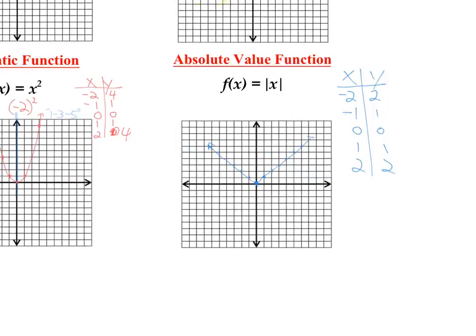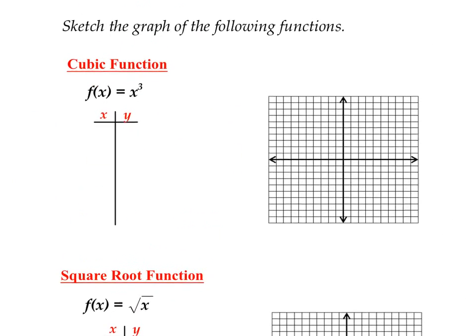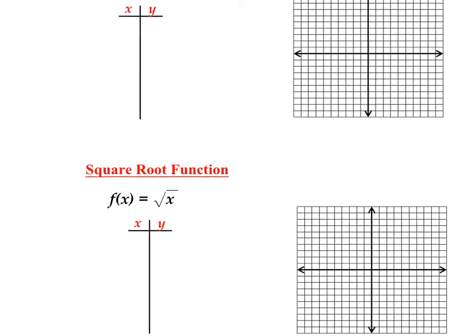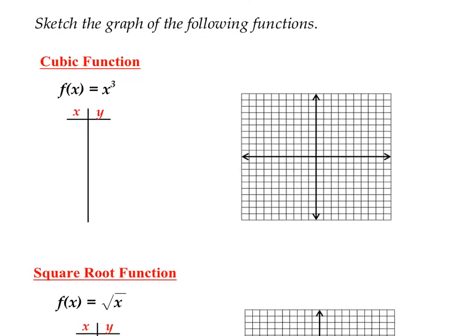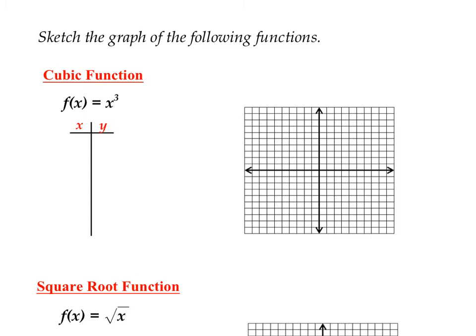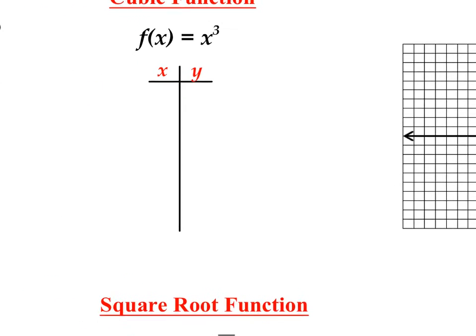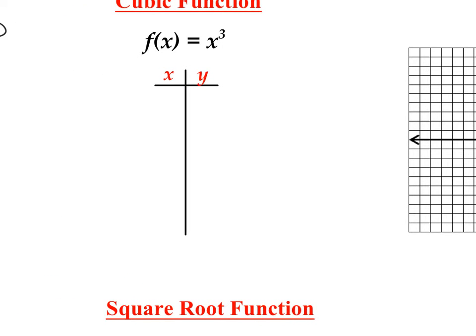All right, on to the last two: cubic and square root functions. A cubic function is when you're going to have your variable cubed, or raised to the third power. To see what this looks like, I'm going to use my standard easy x values, -2 all the way up to +2.